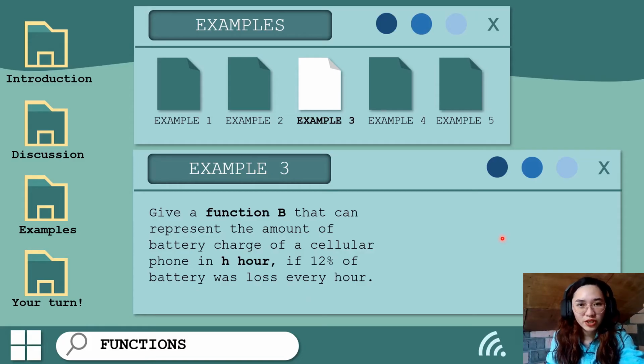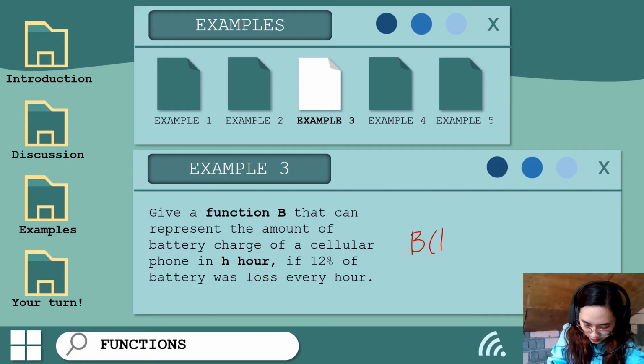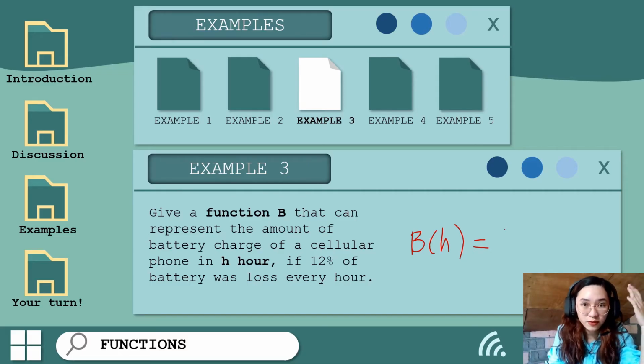Since every hour nababawasan ng 12% yung battery charge ng cellphone natin, then the amount of battery can be represented by a given function b of h. Ayan, ang fully charged natin, syempre, is 100%. Nababawasan ng 12% per hour.